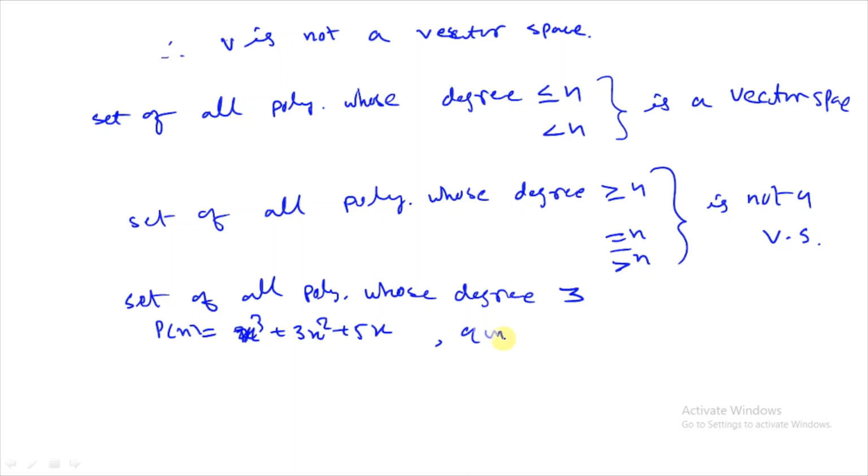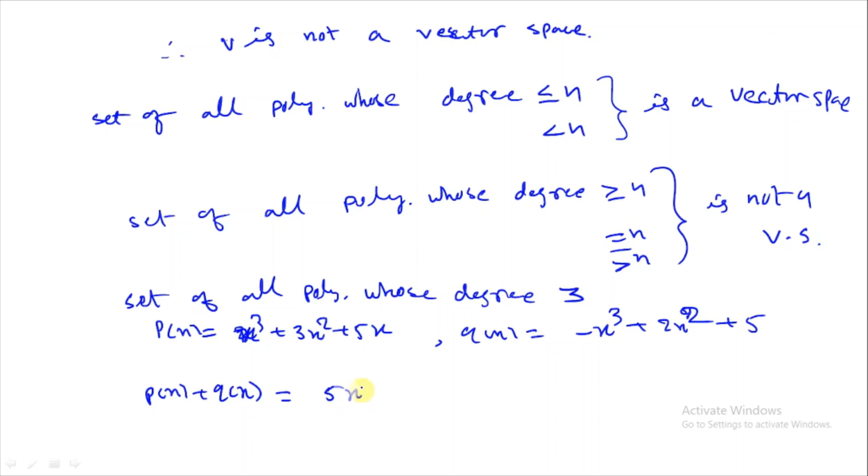Take q of x equal to minus x cube plus 2x square plus 5. But for a vector space, it must also satisfy vector addition. When we add these two polynomials, we get 3 plus 2, 5x square plus 5x plus 5.